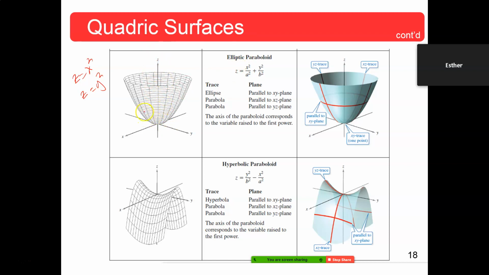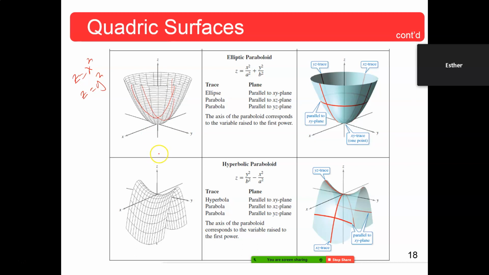Why is it elliptic? Because your traces parallel to the xy plane here are all ellipses. Your traces in the xz plane are parabolas, and in the yz plane are parabolas. All of those are parabolas.